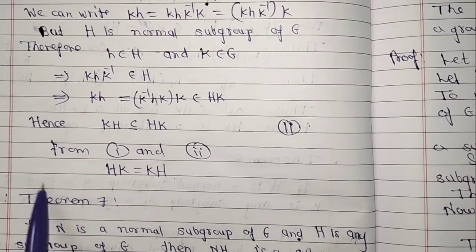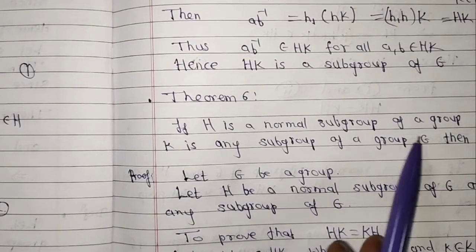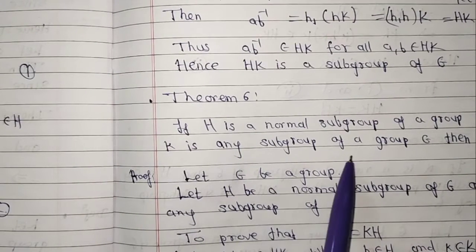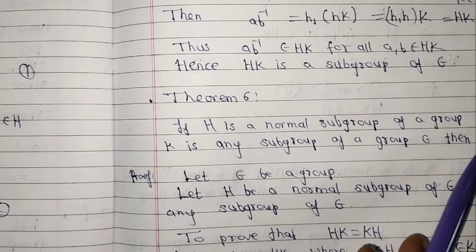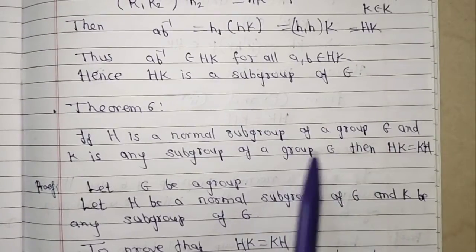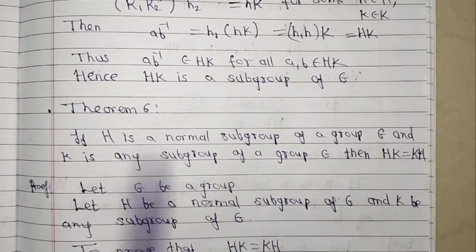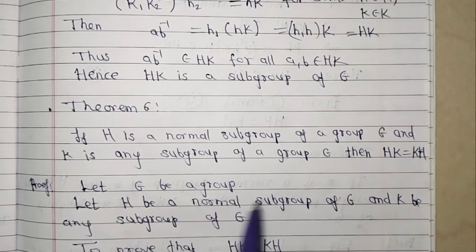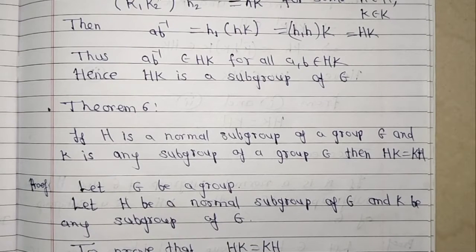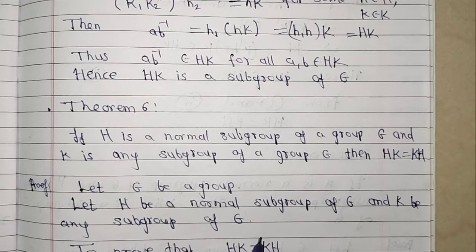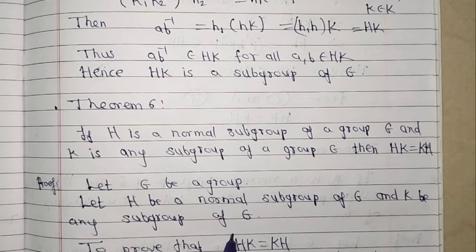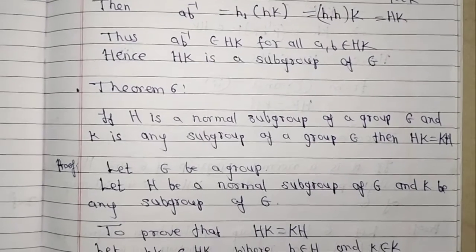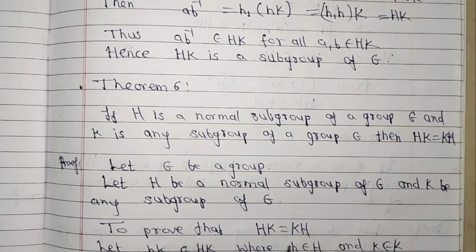Thus, if H is a normal subgroup of group G and K is any subgroup of a group G, then HK equal to KH. That means in this proof, first we assume that G is a group and H is a normal subgroup of G and K is any subgroup of G, and we prove that HK equal to KH.